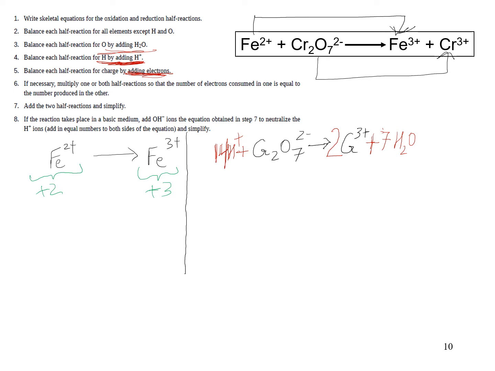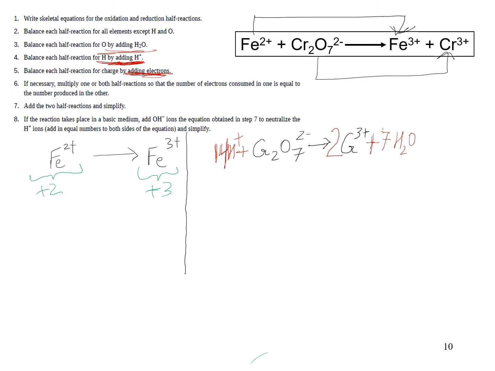If I add electrons, I'm going to add a negative charge. That's going to reduce the charge, right? So always make the charge equal to the lower number of positive charge. What is the lower charge here? My +2, +3. If I add one electron on the reactant side, that would allow me to balance the charge, right?